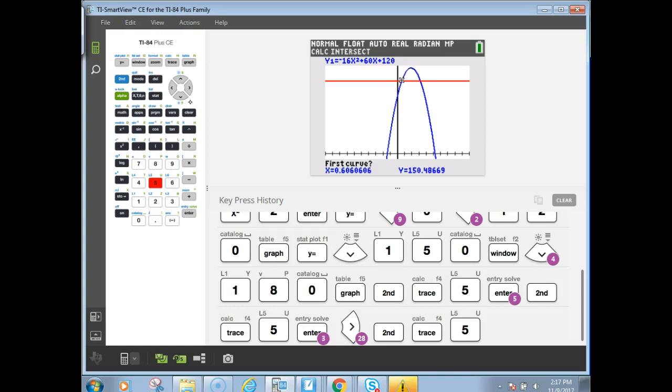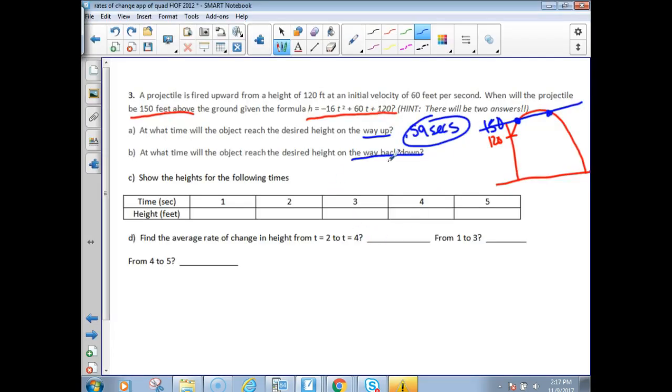So now I guess I prematurely arrowed over. So I need to do that over again. Arrow, arrow, arrow till I get way over here. I'm almost on it right now, but I'm going to hit enter, enter, enter, and now it gives me that one. So I got 3.16. So on the way back down, it takes 3.16 seconds to reach the 150 feet.